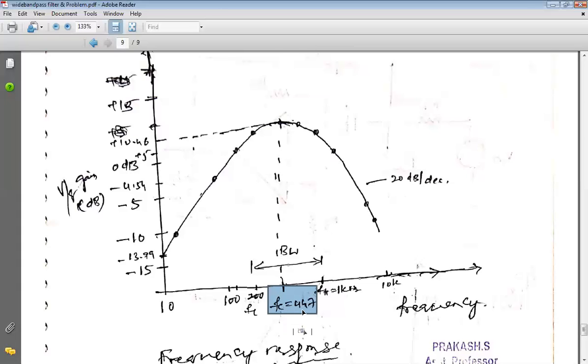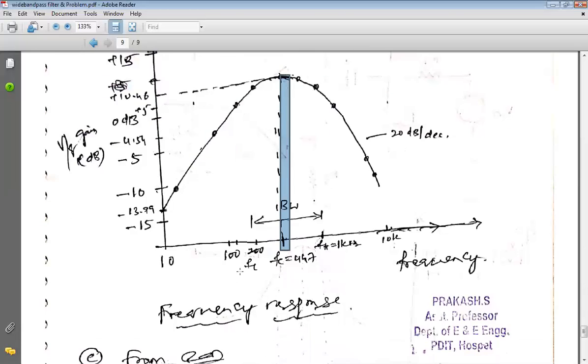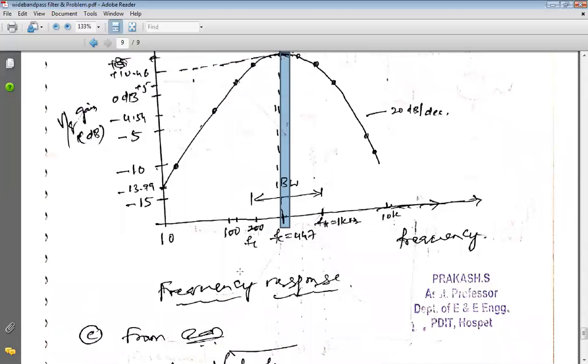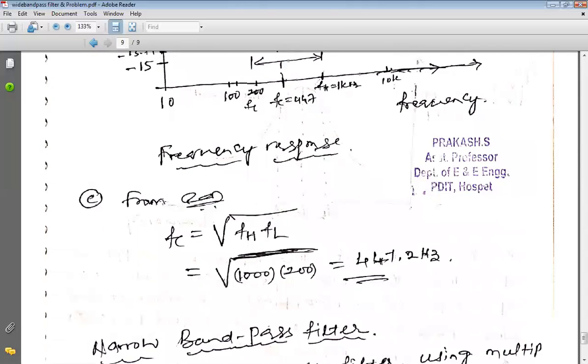The frequency is 447 hertz. This is the critical frequency, found from the maximum total passband gain and the corresponding frequency.